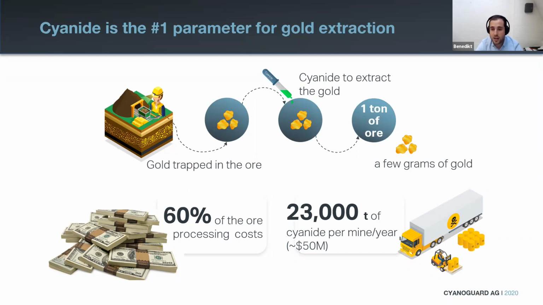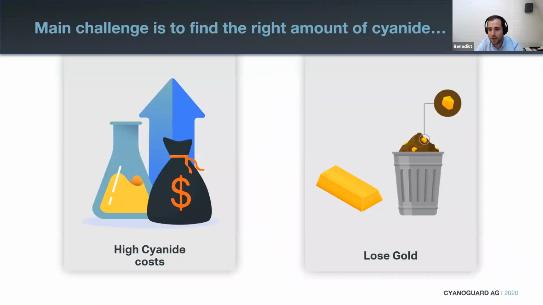And you see the challenge, or the two alternatives, on the next slide. On the one hand, you have the possibility to just use an excess of cyanide, but that's going to be very costly due to the prices of cyanide, and also because if you're discharging your solutions, you need to detoxify cyanide, and detoxification costs can be quite substantial depending on the setup of your mine.